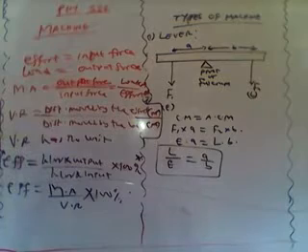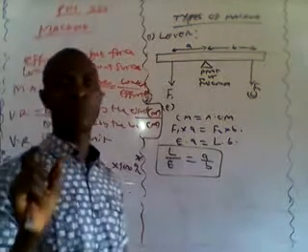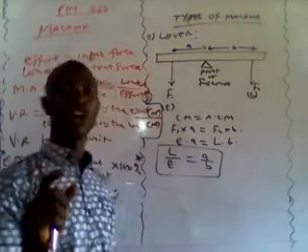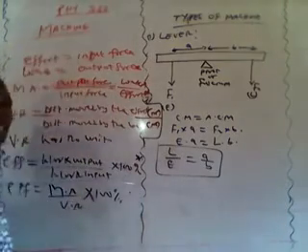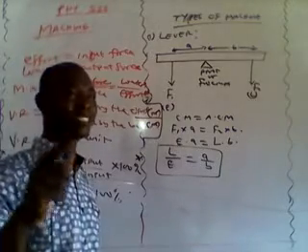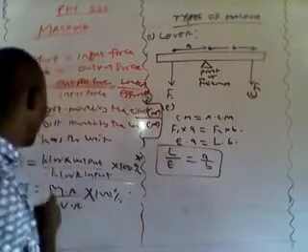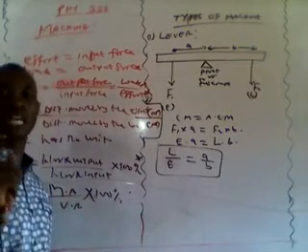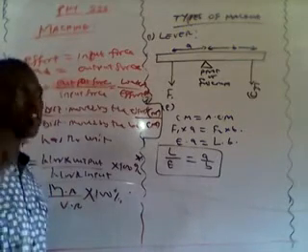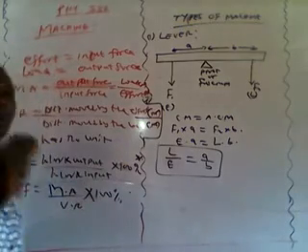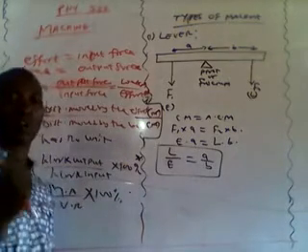Now, before I proceed, for any typical machine, the efficiency of such a machine is always less than 100%. You have it in your notes, but let me still reiterate that the efficiency of any typical machine is always less than 100%, or 1, because 100% means 100 for 100, which is 1.